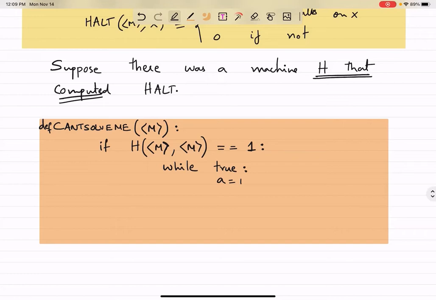Else, okay, so else means that you really had H of M comma M equals 0, right? All right. Any questions about the program?